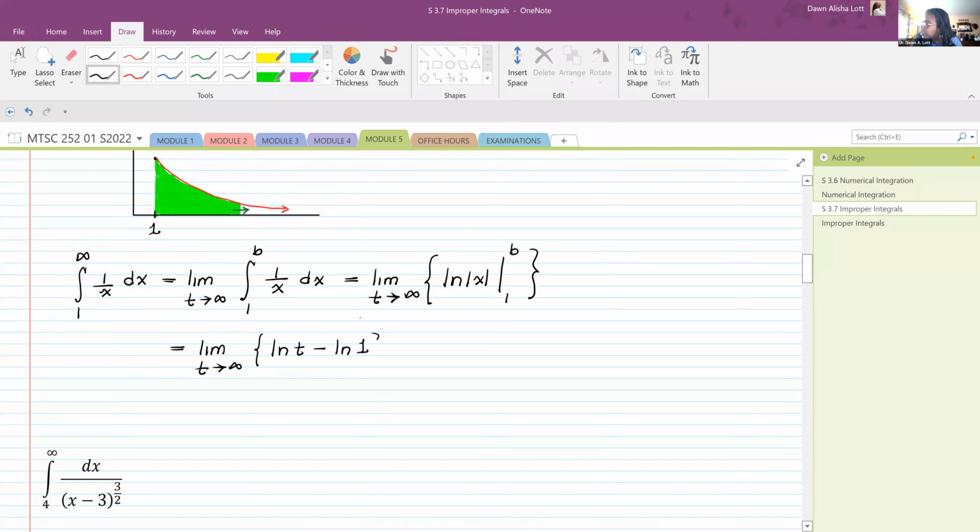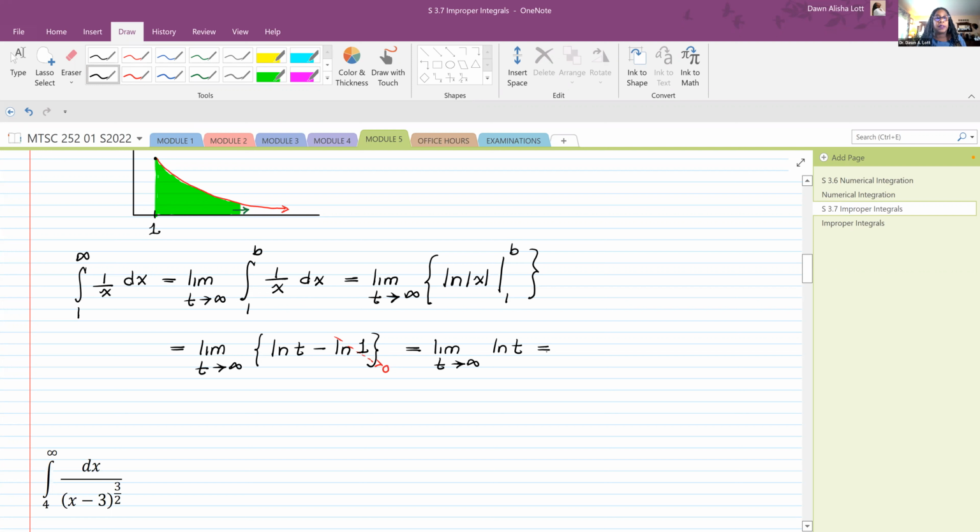Now we already know the natural log of 1 is 0. So this is equal to the limit as t approaches infinity of the natural log of t. And what happens? As t goes to infinity, what happens to the log of t?